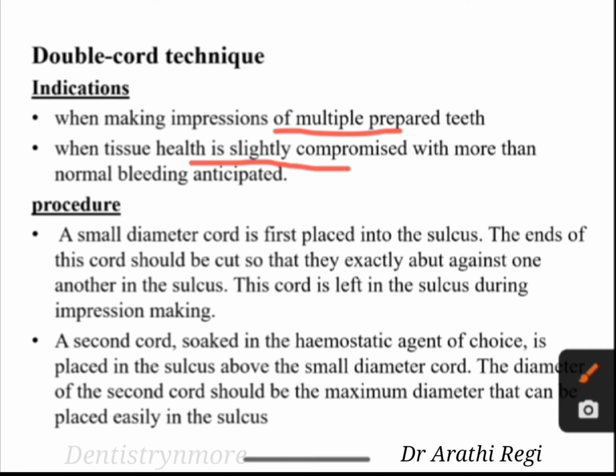So here a small diameter cord is first placed into the sulcus and left there till after impression making, and a second large diameter cord is placed over the first one and removed just before the impression making. The second cord is soaked in the hemostatic agent of choice and placed in the sulcus above the small diameter cord, and the diameter of the second cord should be the maximum diameter that can be placed easily into the sulcus.